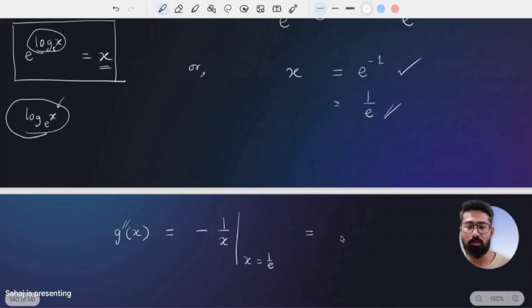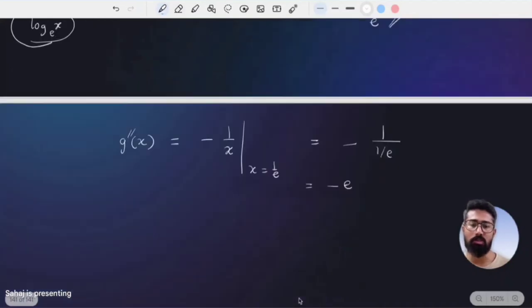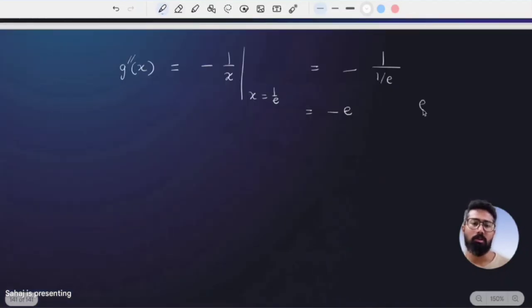So you get minus 1 by 1 by e, which is minus e. Now, as you know, e is a positive number, almost 2.7. So minus e is a negative number, which means we have got a maxima at x equals 1 by e.